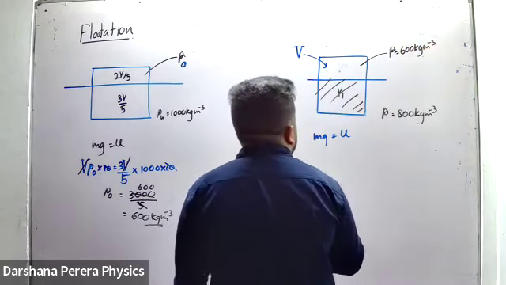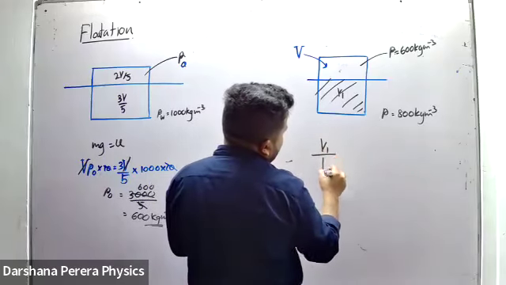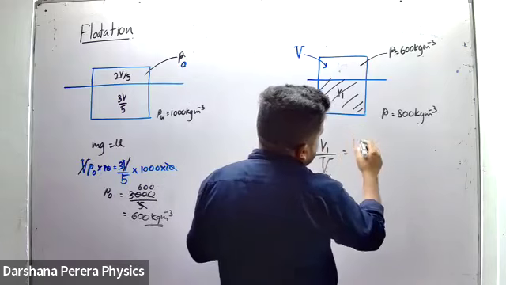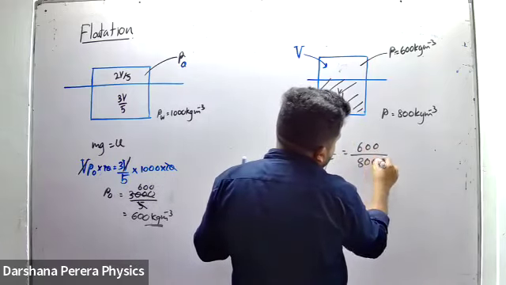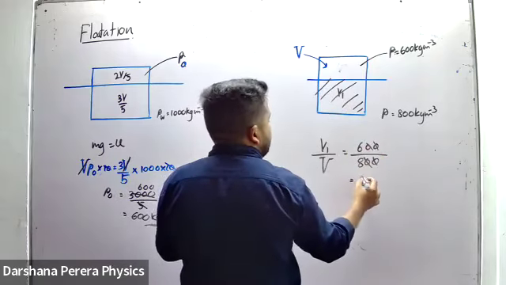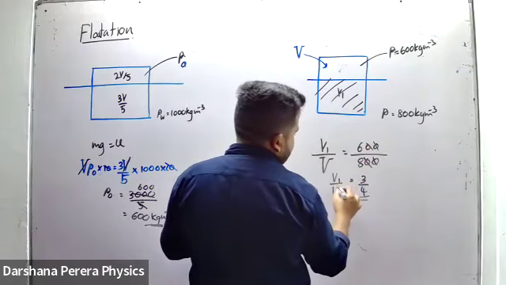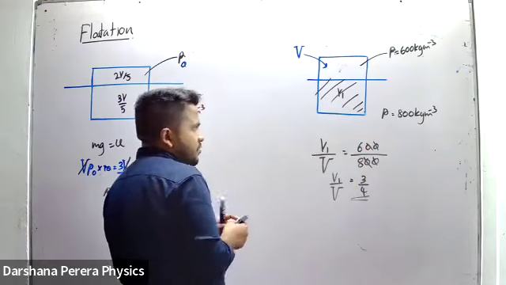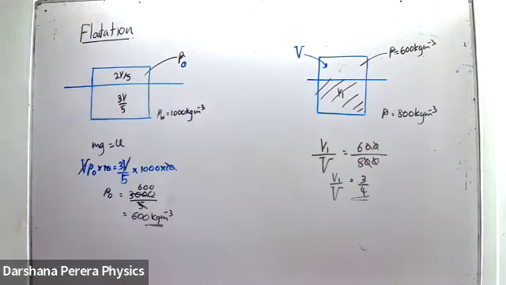That means v1 over total volume equals 600 over 800, which is 3 over 4. Okay. Is that correct?